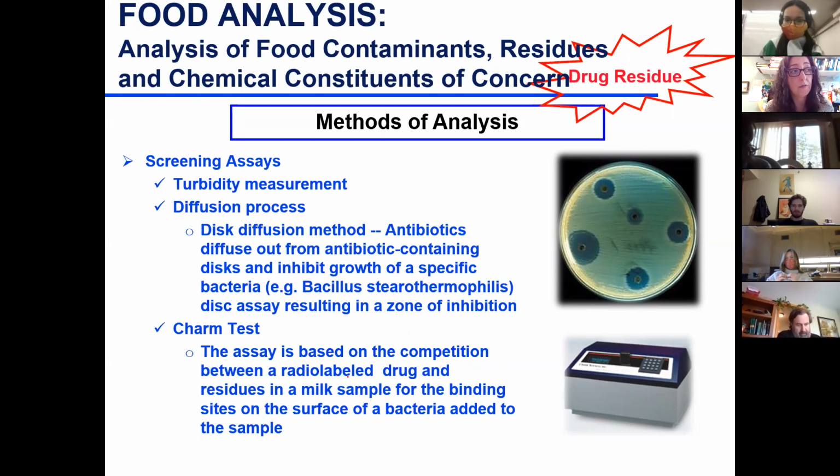If you have a lot of antibiotics in your sample, then they would react with the bacteria and there would be less radioactivity. If you don't have antibiotic in your sample, or a little of it, you'll see more of the radio-labeled antibiotic attached to the bacteria, so you have higher radioactivity. So of course you need a standard curve in order to quantitate based on the radioactivity reading.